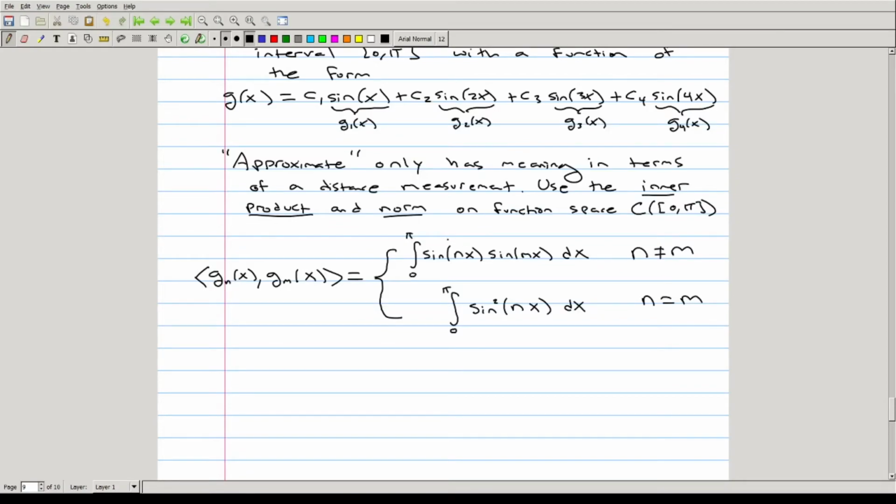Because this is just the inner product of these two sine functions. And then with n equals m, this will just be the inner product of sine of nx with sine of nx, which is the same thing as the norm of sine of nx squared.